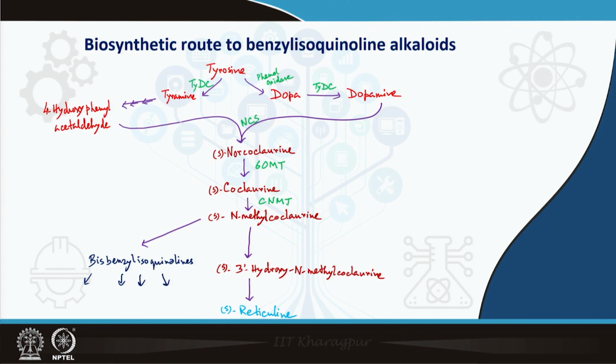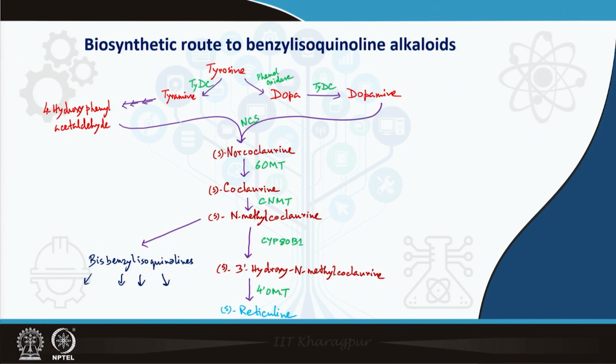And the next one, from N-methyl coclaurine to 3'-hydroxy-N-methyl coclaurine, is basically a cytochrome P450 enzyme, CYP80B1, this is its name. And the next one is the 4'-O-methyltransferase. So, this makes reticuline.